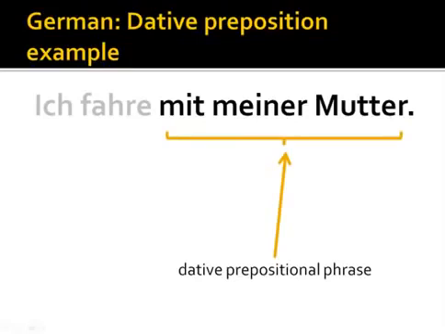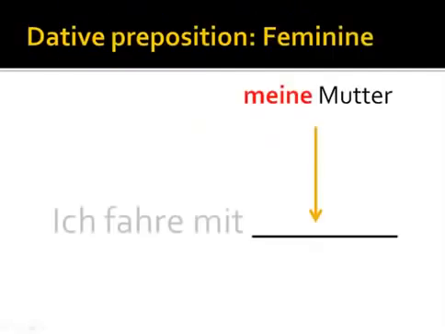Now, you're probably thinking, well, wait a minute. I thought it's meine Mutter, feminine. For instance, ich fahre mit should be meine Mutter. However, whenever you drop, in this instance, a feminine noun into a dative prepositional phrase, the prepositional phrase is everything that comes between the dative preposition mit and the very end of the sentence, or actually the noun that immediately follows.